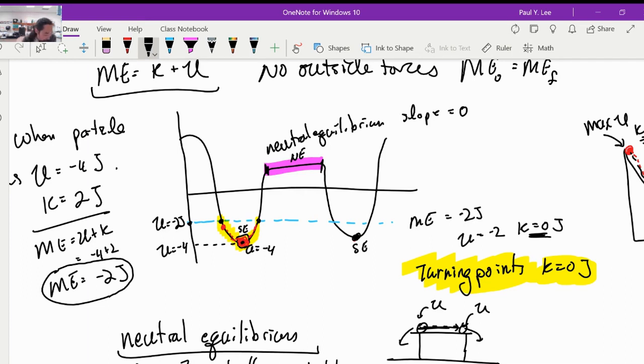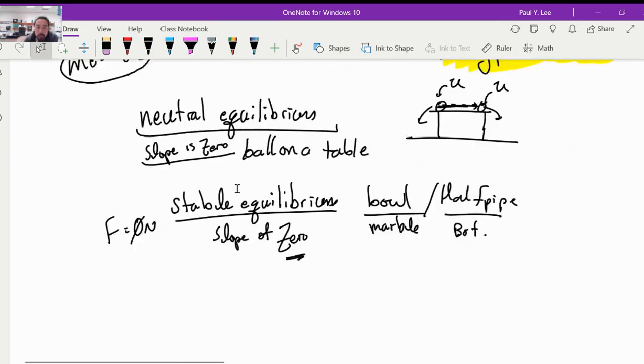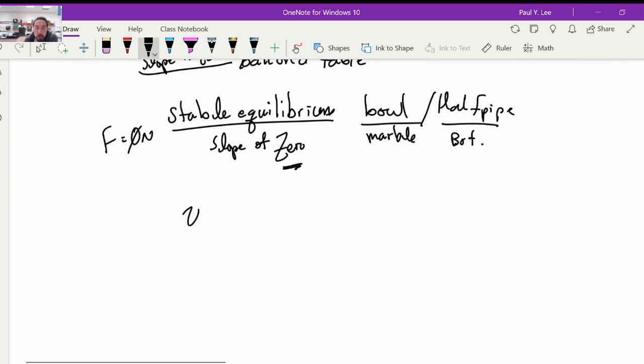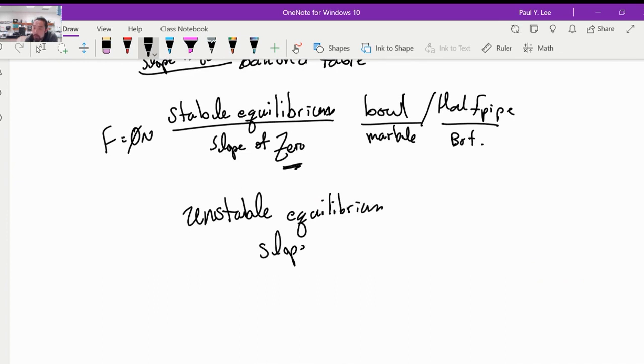All right, and the last point of equilibrium is what we call unstable equilibrium. Now, with unstable equilibrium, you still have a slope of 0.